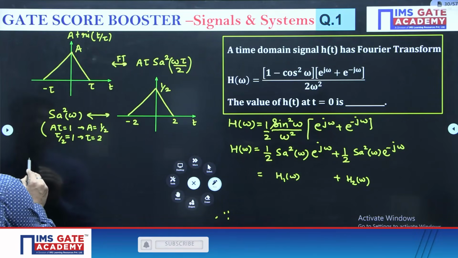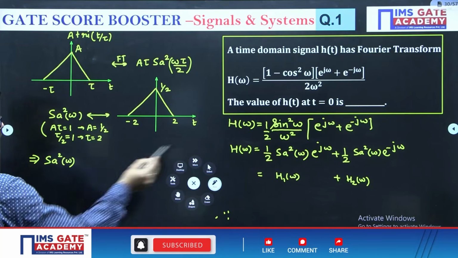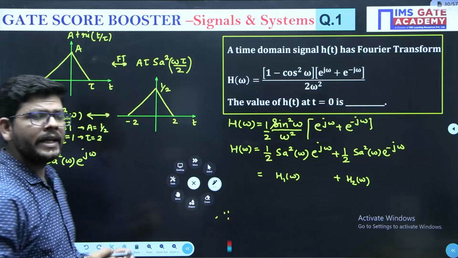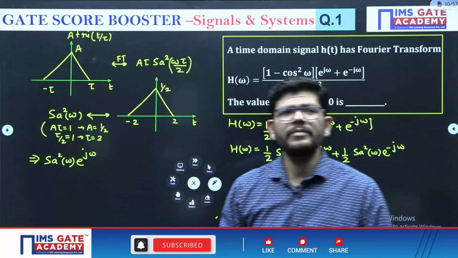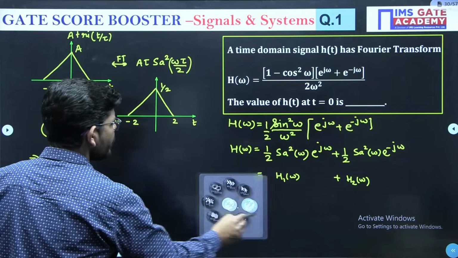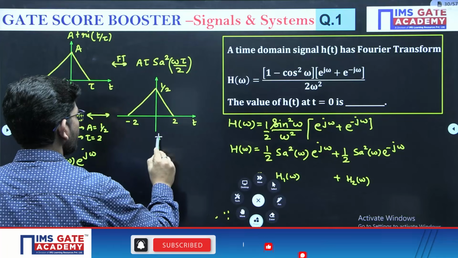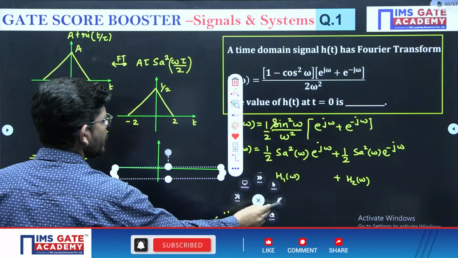Now if I take Sa squared ω and multiply by e^{jω}, in the frequency domain, if an exponential is coming, it is because the time domain was shifted. So now we will shift the time domain. How much shifting?